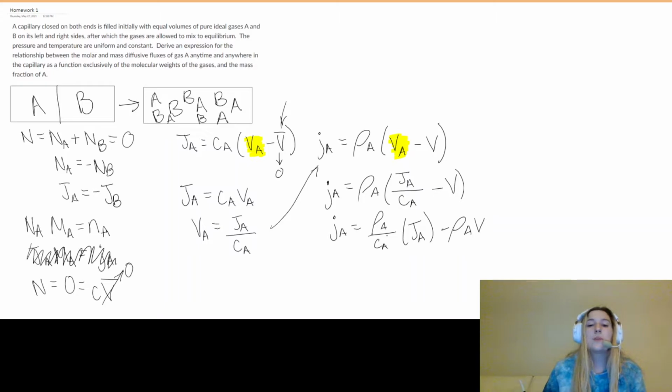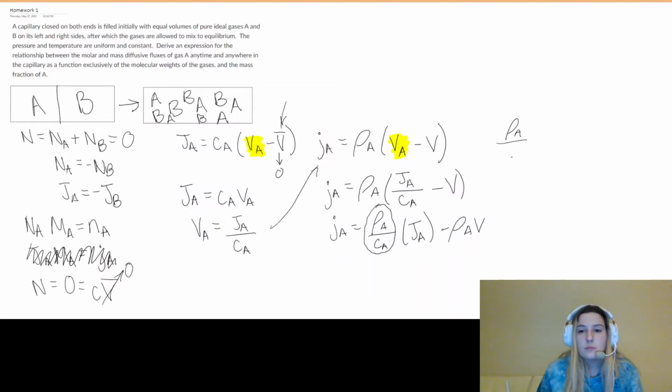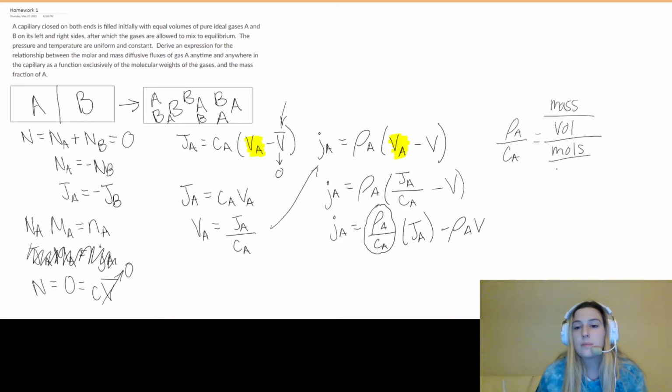And the reason I wrote it like this is because if we look at this term, let's look at it over here. This is the mass of A over the volume, and that's the mass concentration, and then the molar concentration is just moles over volume.